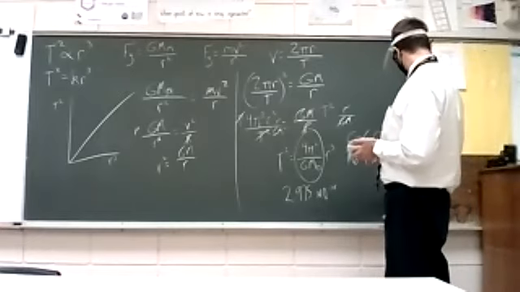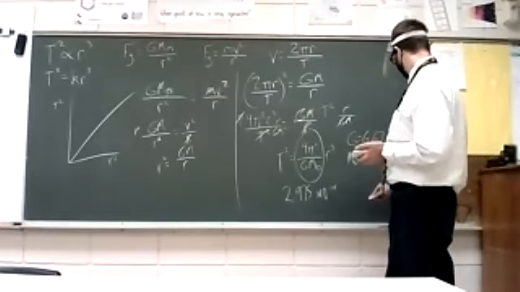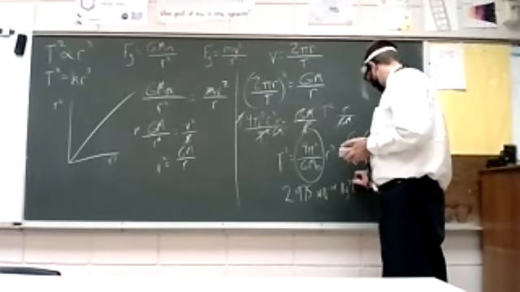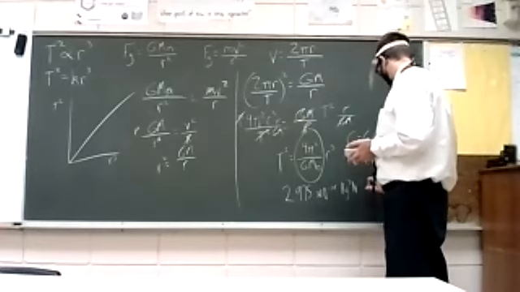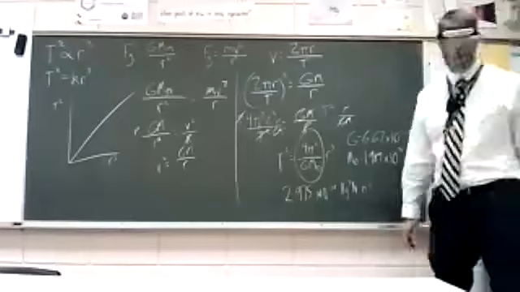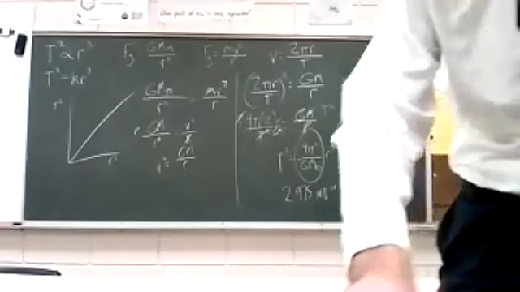So the units would be kilograms cubed per Newton per meter squared. There you go. Almost electricity.